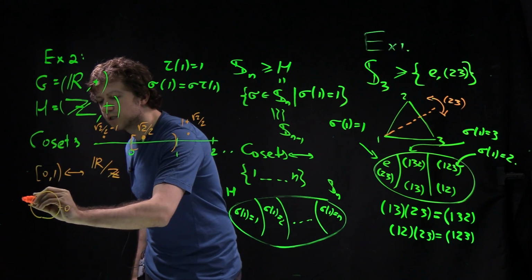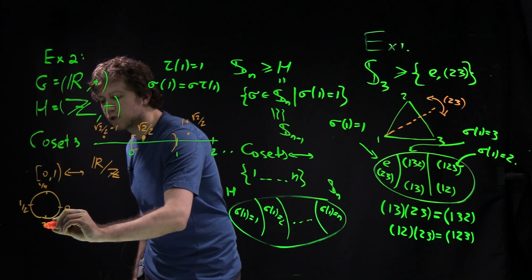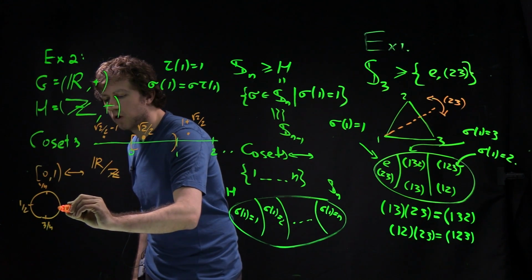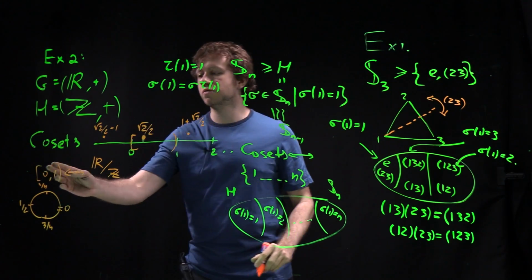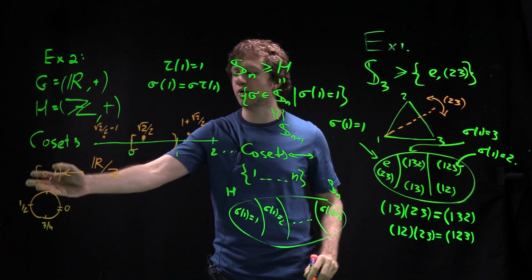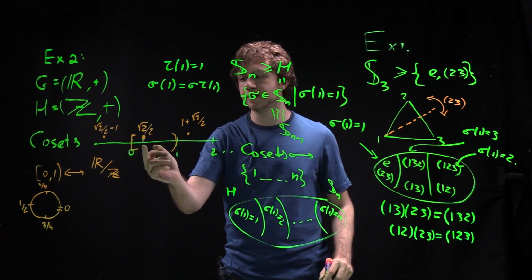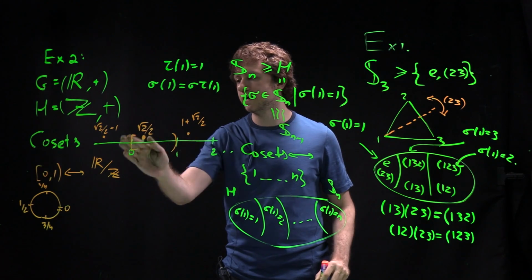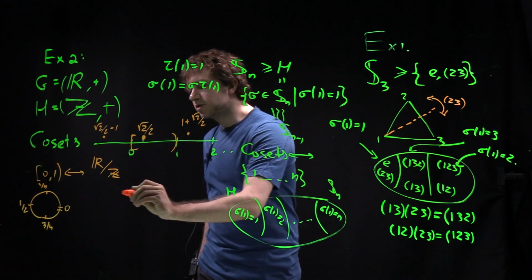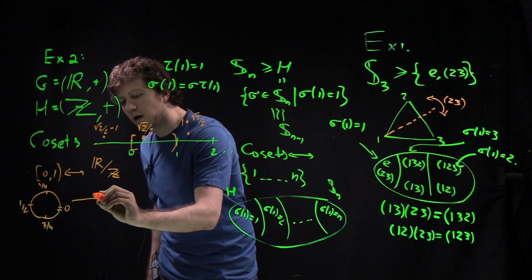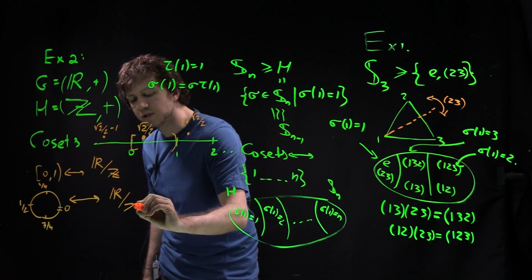So this is 0, this is 1/2, this is 1/4, this is 3/4, and this is almost close to 1, and then 1 is the same as 0. And so the circle parameterizes cosets nicely. If you want, you can rescale it and think of it as 2 pi, and then it will be a very standard parameterization of a circle by radians. So actually points of a circle are in bijection with these cosets of R relative to Z.